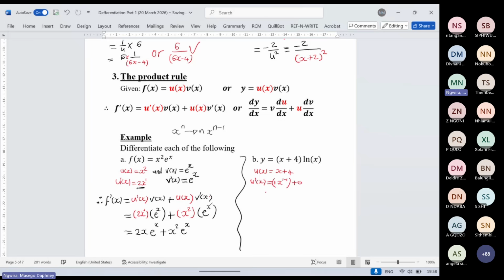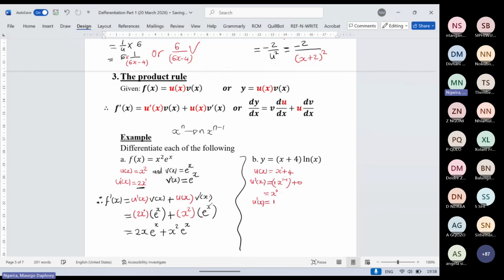So this will be x to the power of 0, plus 0, and this will just be 1, because x to the power of 0 is 1. Remember, it's n times x to the power of n minus 1. So there's a 1 here. That's the derivative of u of x, so the derivative of u of x is 1.